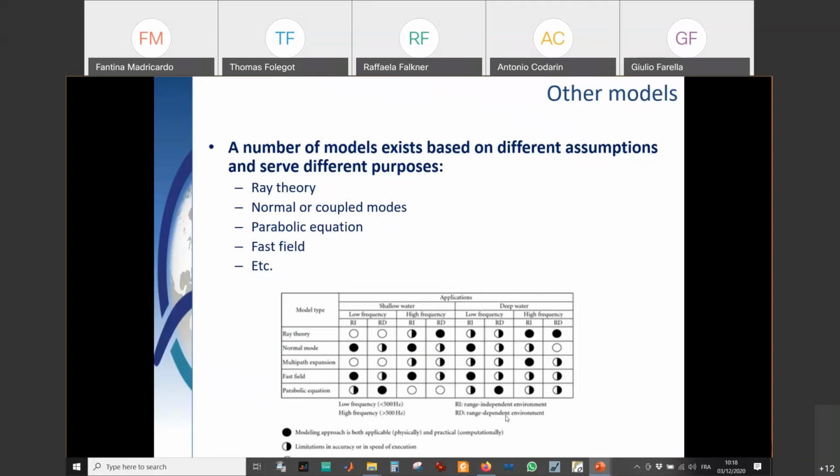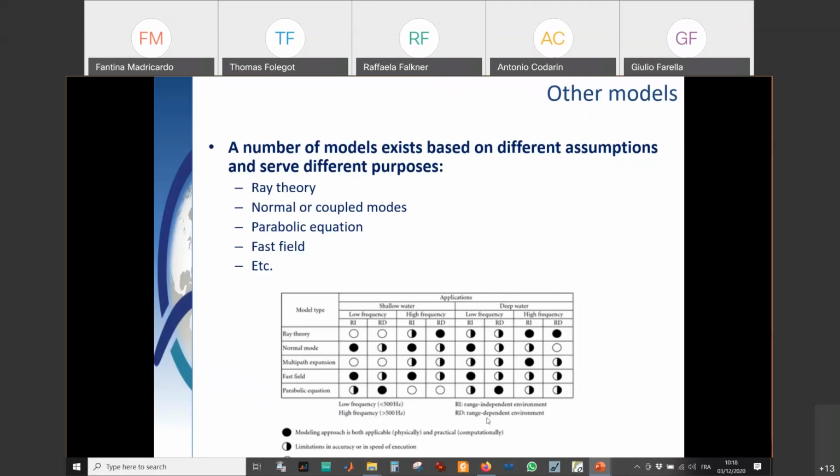And then another thing is that some models will be able to deal with range independent environment, which means that the environment has to be constant versus range, like a constant bathymetry, for example, and a constant temperature and constant salinity.